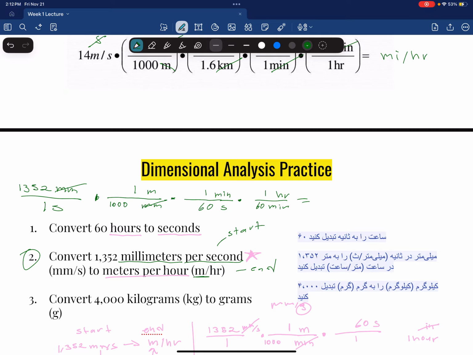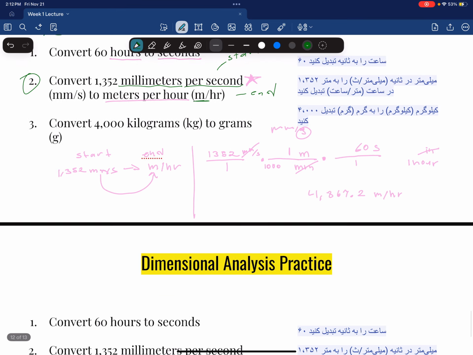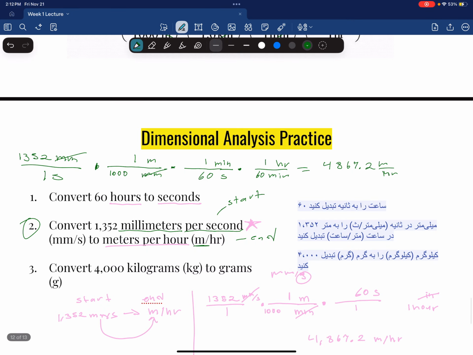And you end up with 4867.2 meters per hour. And that shows dimensional analysis.